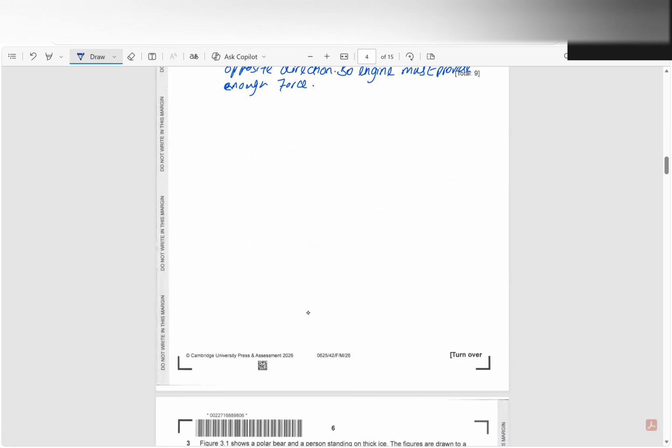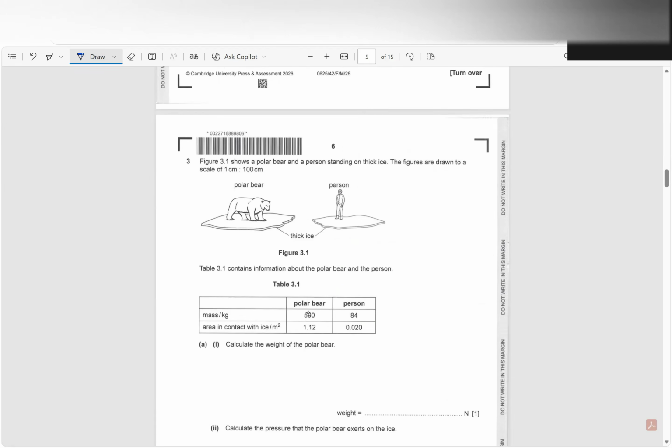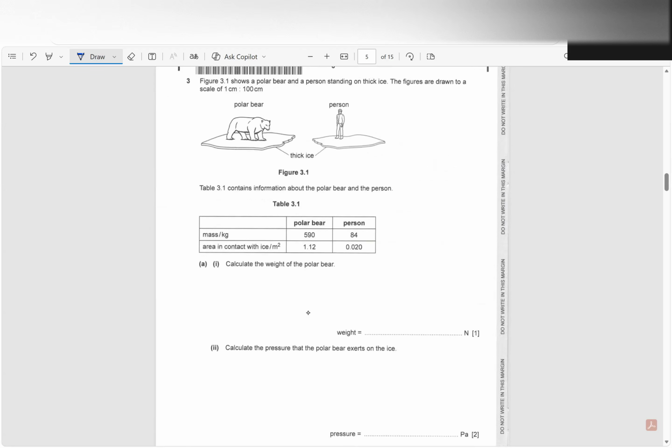Moving on. Now we have question number 3 in front of us. Question number 3 here says, figure 3.1 shows a polar bear and a person standing on thick ice. The figures are drawn to a scale of 1 centimeter ratio 100 centimeter.